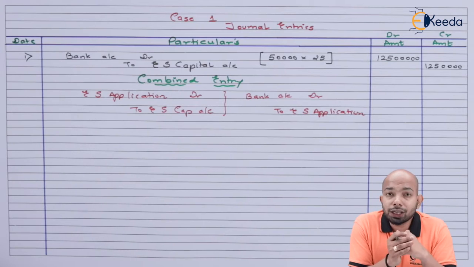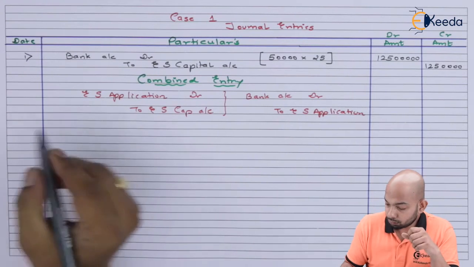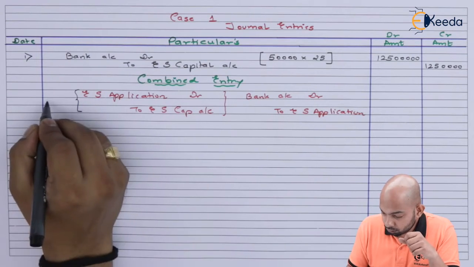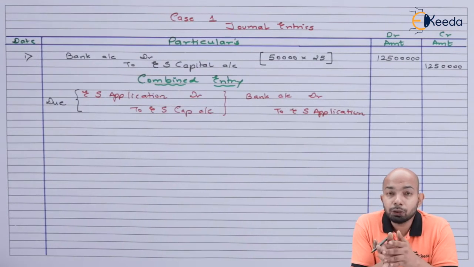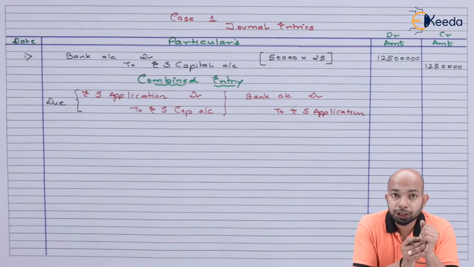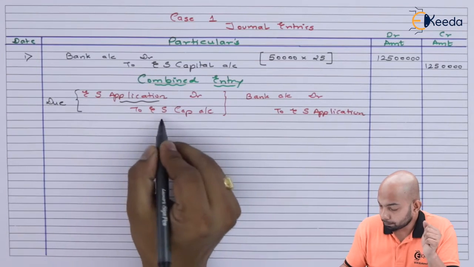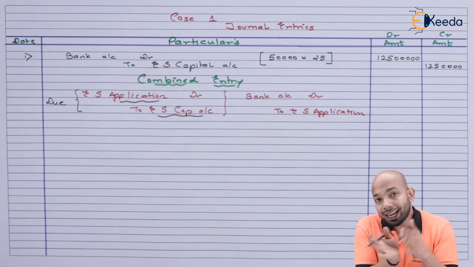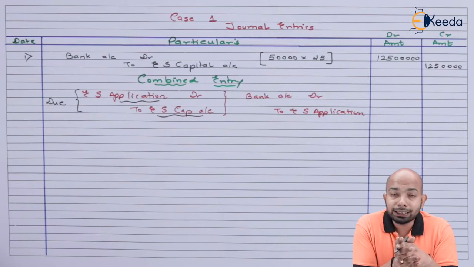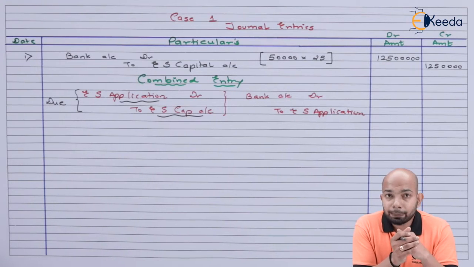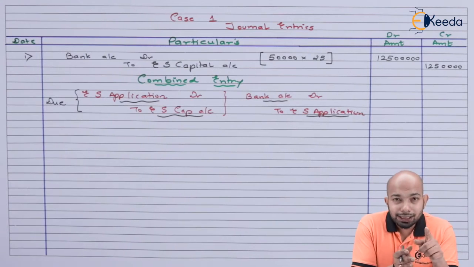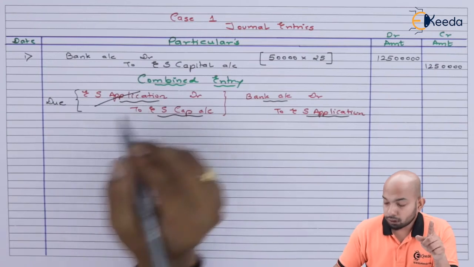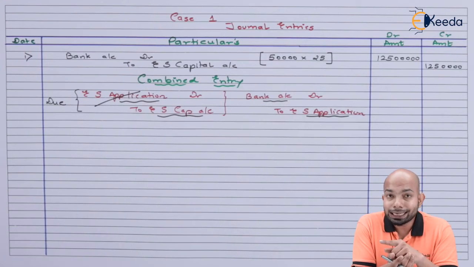So the first original entry refers to due: equity share application account debit to equity share capital. On the other side, we have the receipt entry, that means bank account to equity share application. So if you can see, equity share application was debited there and then it was credited there.